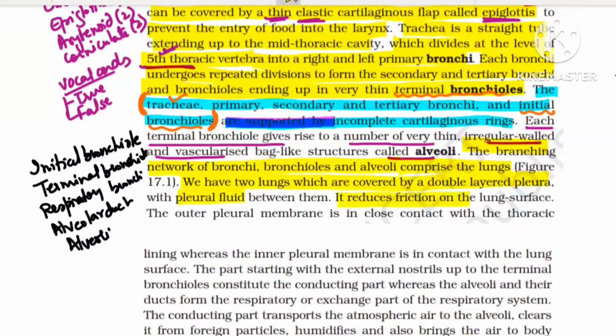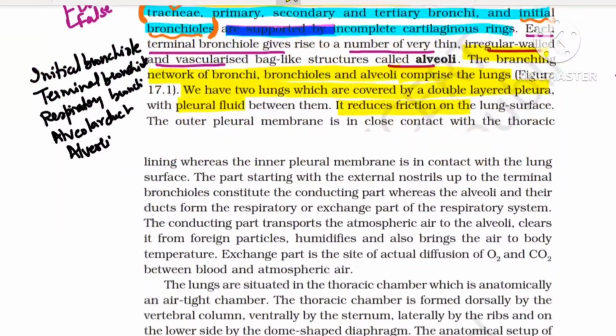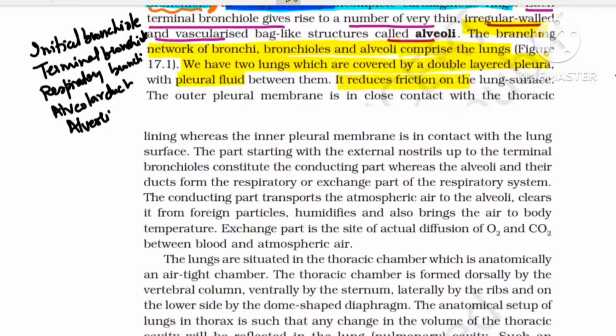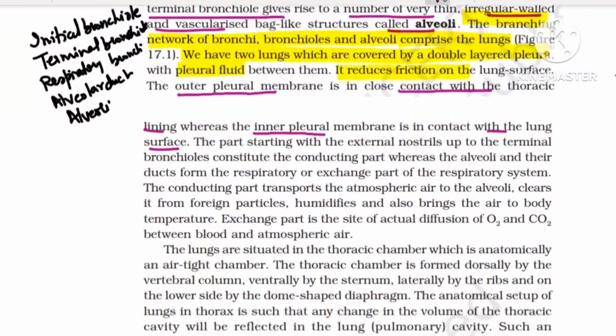Is it clear? The outer pleura is known as parietal pleura and the one touching the lung is known as visceral pleura. So see carefully. The outer pleural membrane is in close contact with the thoracic lining and the inner pleural membrane is in contact with the lungs.